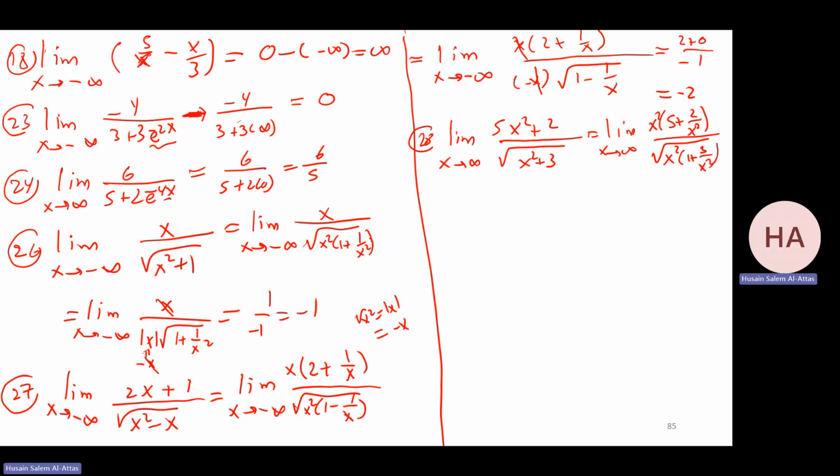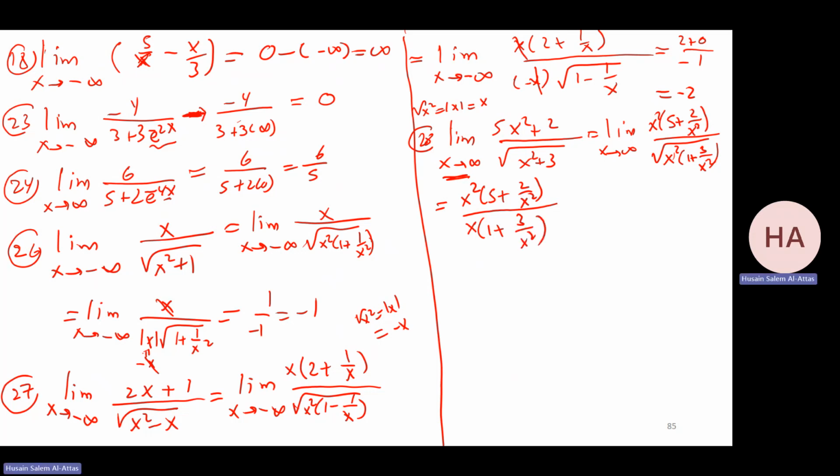But now we have square root of x squared is the absolute value of x, which is x, since x goes to infinity. So that will be x squared times 5 plus 2 over x squared, over x times square root of 1 plus 3 over x squared.